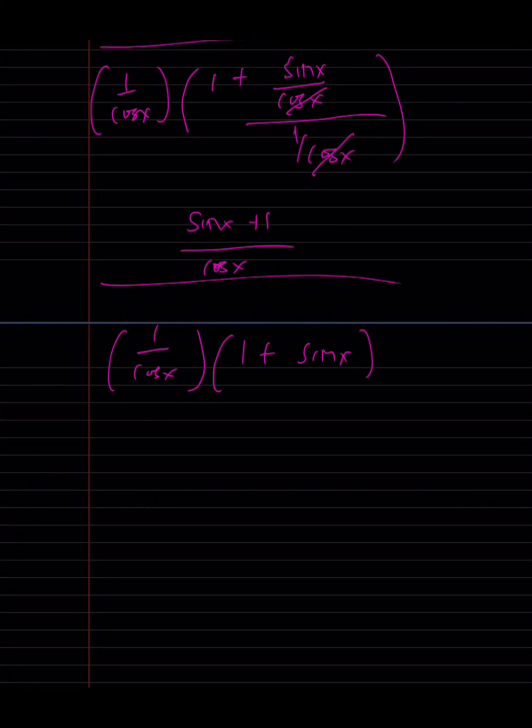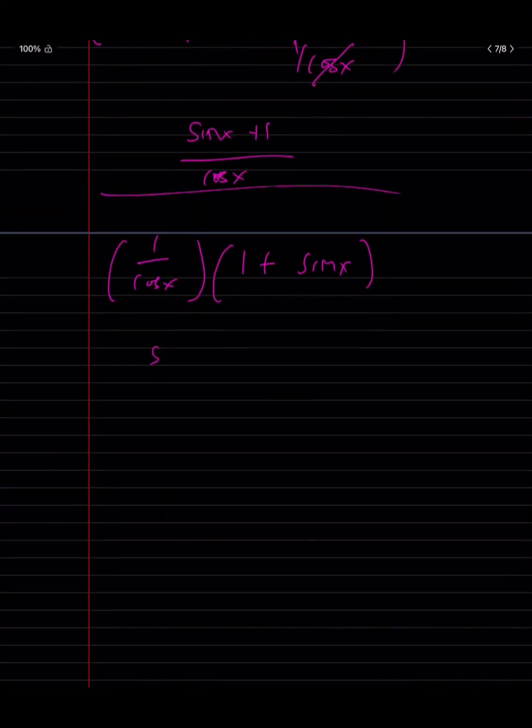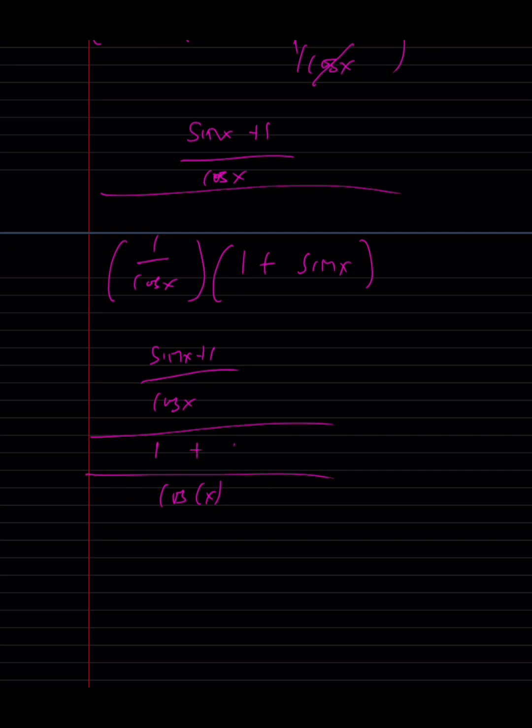Let's go ahead and simplify the denominator as well. We have sine x plus 1 over cos x, with a common denominator of cos x. We can say we have 1 plus sine x, so we can simplify this as sine x plus 1 over cos x multiplied by cos x over 1 plus sine x.